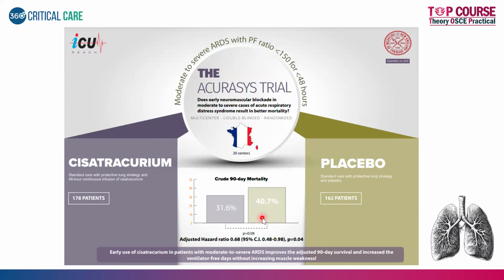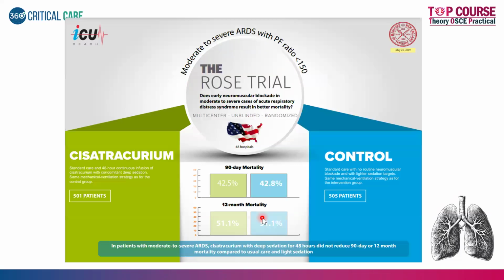Along with this, because it was used just for 48 hours, they also looked at the possibility of occurrence of critical illness neuropathy or muscle weakness. They found that it was not significant. Okay, so having seen this benefit, a similar trial was conducted in the United States, which was also a multicentric trial, which was unblinded, unfortunately, as compared to the blinding done in the ACURASYS trial, but it was a randomized controlled trial.